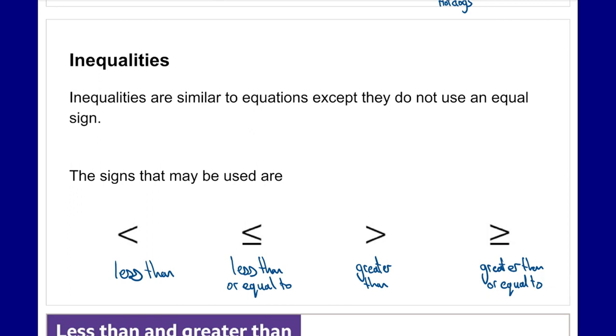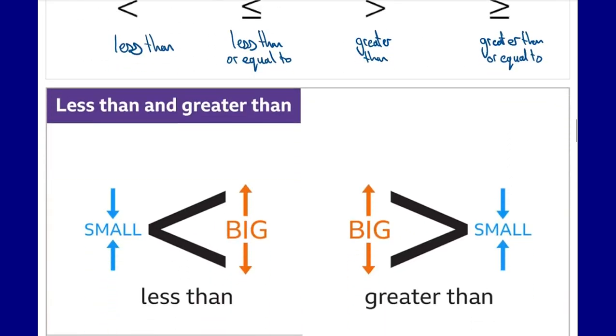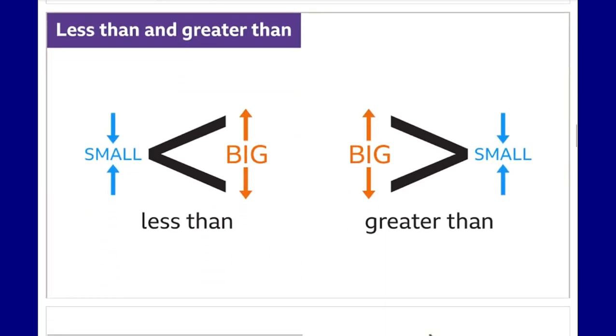inequalities. If we want to remember what those symbols are, there are different ways to think about it. Less than: the value on the left is less than the value on the right because you're at the small side of the symbol. Same thing reversed: the left side is greater than the right side because the bigger side of the symbol is on the left side. If we add a line just underneath, that just means it's greater than or equal to.